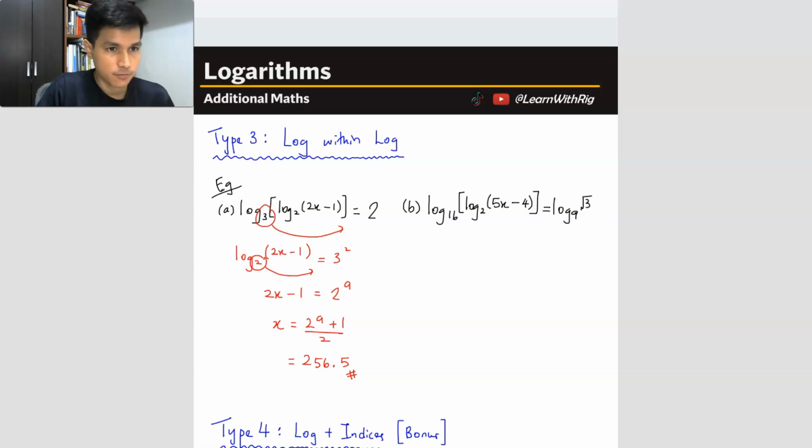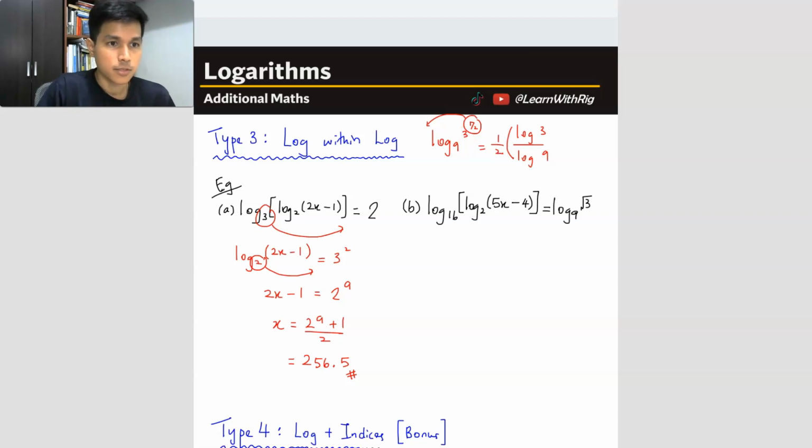Okay, so you have log base 9 of √3, and √3 means 3 power 1 over 2. The 1 over 2 you can bring to the front. So you get 1 over 2, and then I'm going to change this to base 3. So you get a fraction. On top here is log base 3, bottom here is log base 3 of 9.